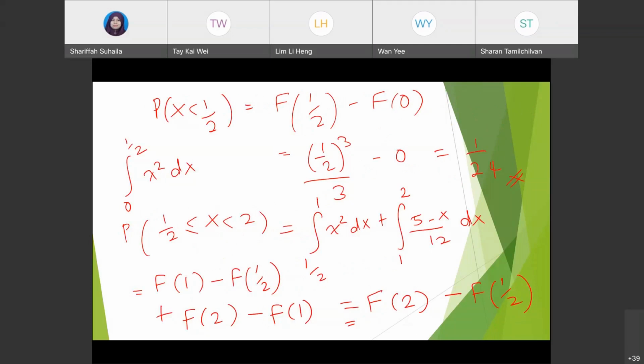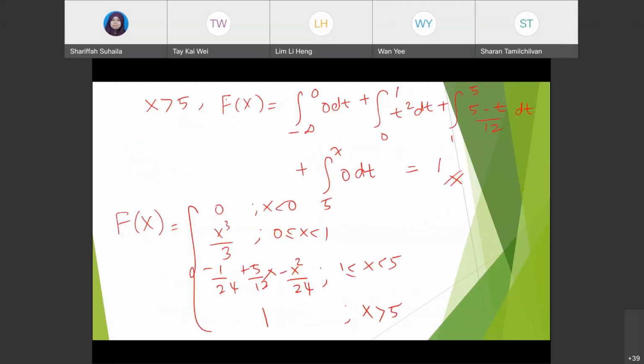Then you get your answer. Okay, ada yang dah selesai kan? Boleh bagi apa dia punya last answer dia. Apa tak? F2 kamu gantikan dekat sini. So F2 which is minus 1 over 24 plus 5 over 12 times 2 minus 2 square over 24 minus F half.